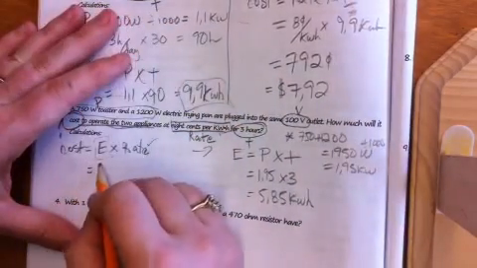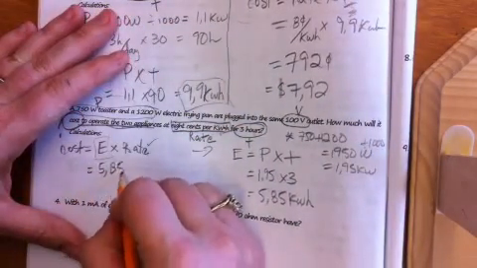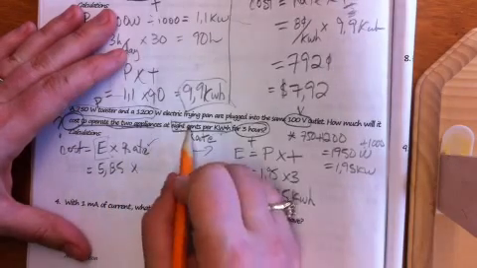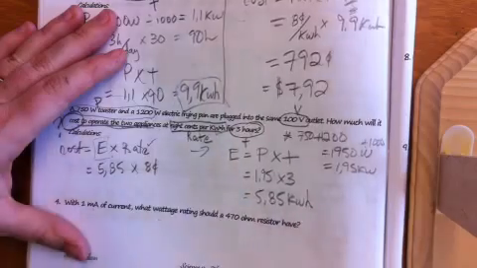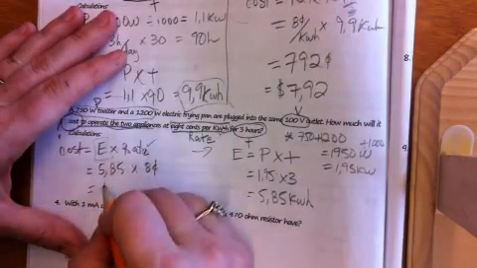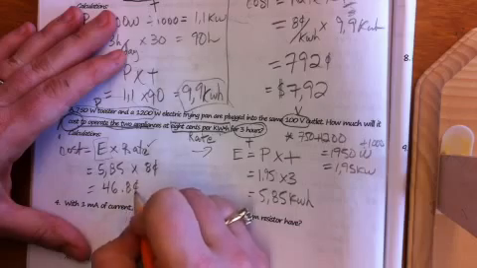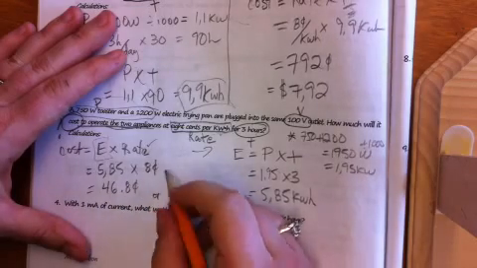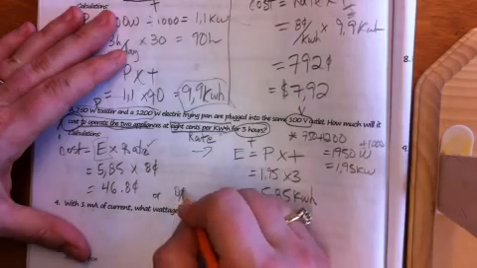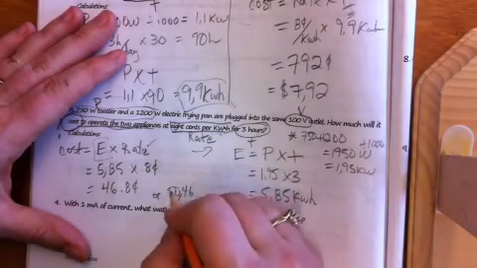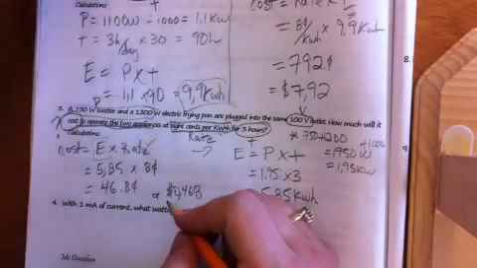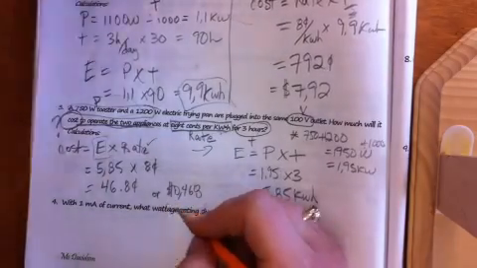So now I can put it in here. 5.85 kilowatt hours times 8 cents gives me 46.8 cents, or $0.468. Is that what I gave you guys in the answer sheet? Yes. Okay.